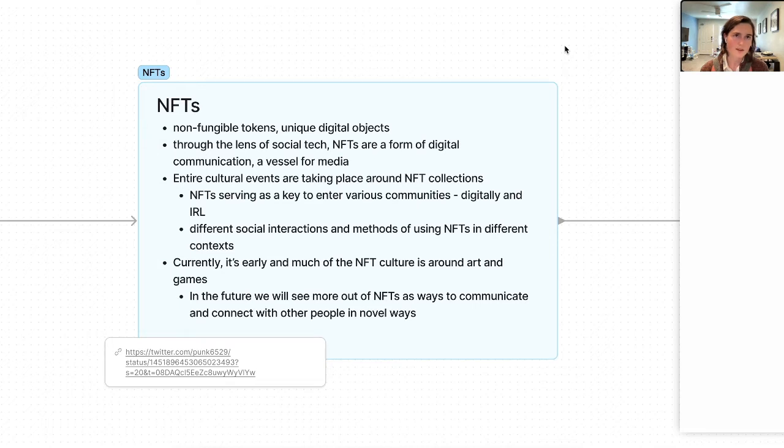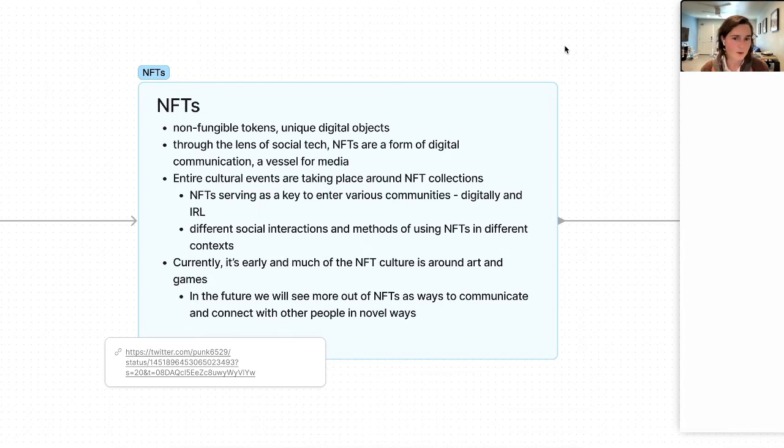There's one really interesting use case where you can effectively token gate access to communities, both digitally, where you have to have an NFT in order to enter the community space where people are hanging out. And this has also moved into the real world as well. So you show up for a party and you can't get access unless you show your phone and scan to show that you have the NFT. So there's really interesting social interaction dynamics that we can start shaping and designing with using NFTs.